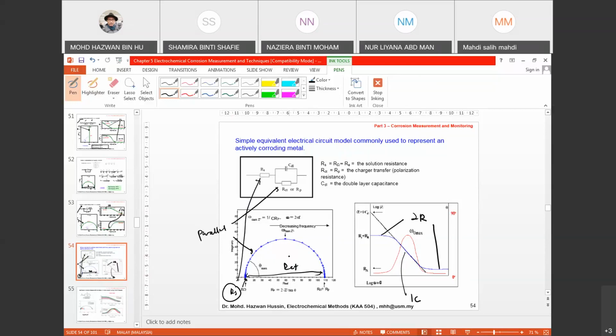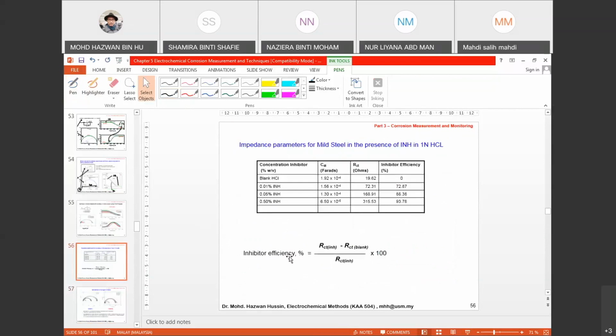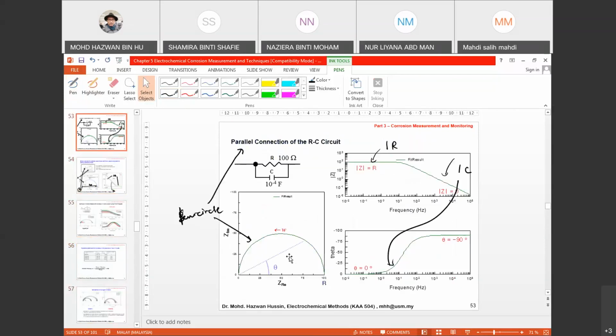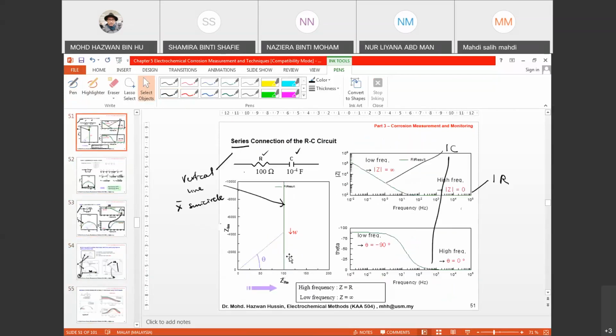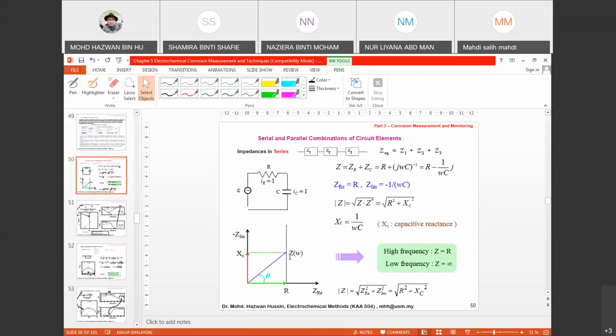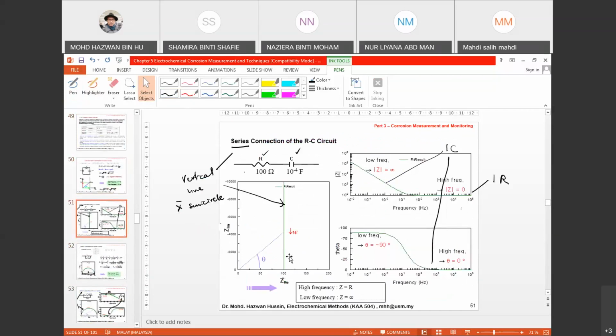There are many things, but we will understand this in more detail in our next lecture on Thursday. But at least you can get the point. For EIS data, to fit the data with a model, I should propose a model first.